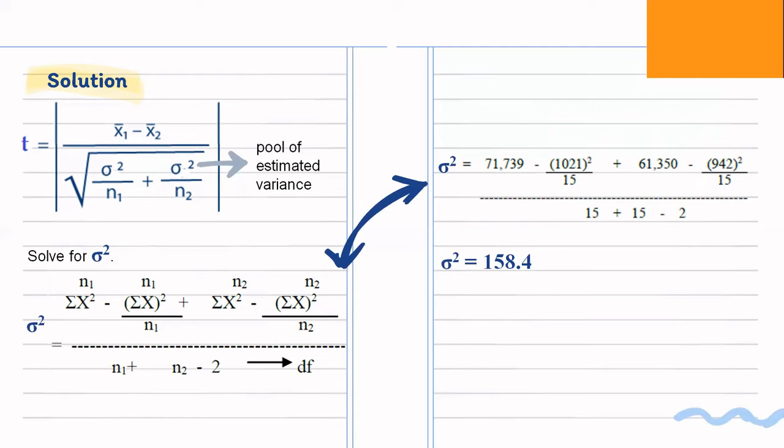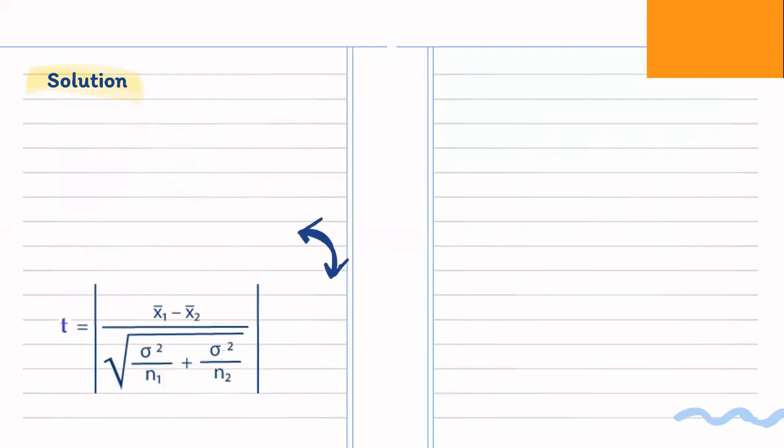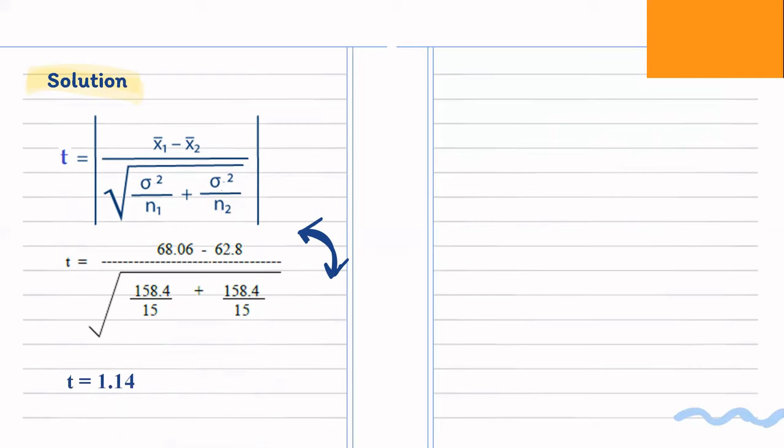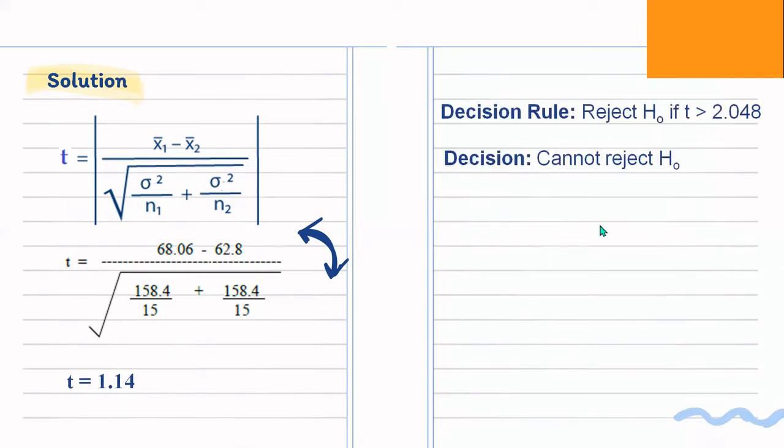Now that we have our variance, we can now go back to our formula for the t-test value, and we plug in the values that we found a while ago, and we get the value of 1.14. So our decision rule is to reject H0 if t is greater than 2.048.